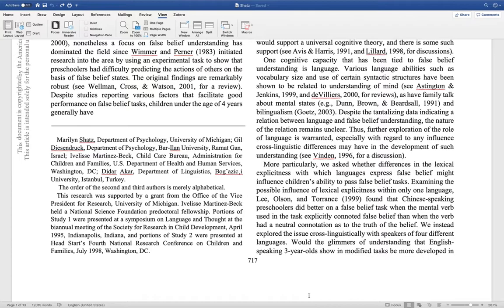That was, I'm not going to lie, that sentence threw me there. But what they're saying is that there's been research done within monocultural research where Chinese-speaking preschooler kids do better on a false belief task when a specific verb is used that helps them tag something as a false belief.